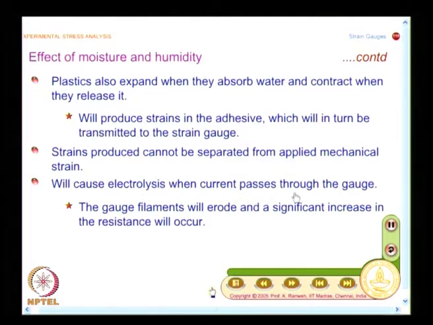When current passes through the gauge, it will cause electrolysis. So, what is the effect of this? The gauge filaments will erode and a significant increase in the resistance will occur. See how interesting it is. These are very subtle effects.